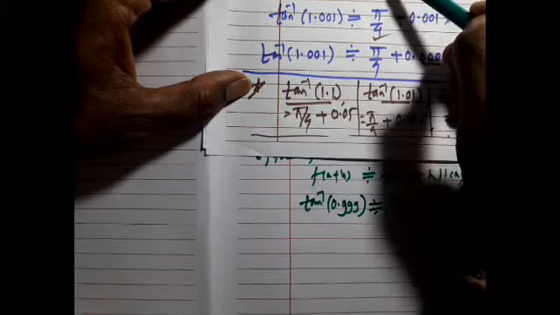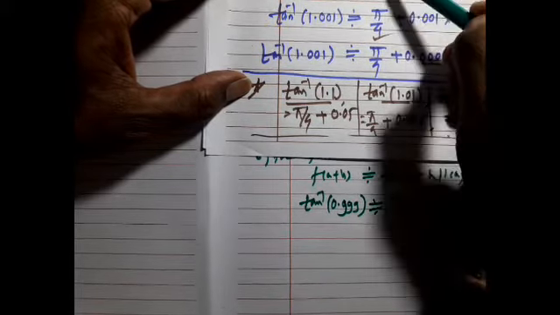Next example, find the approximate value of e raised to 2.1, where e square is 7.389. Let f x be e raised to x, therefore f dash x is also e raised to x. Here a plus h is 2.1, therefore a is equal to 2 and h is equal to 0.1.